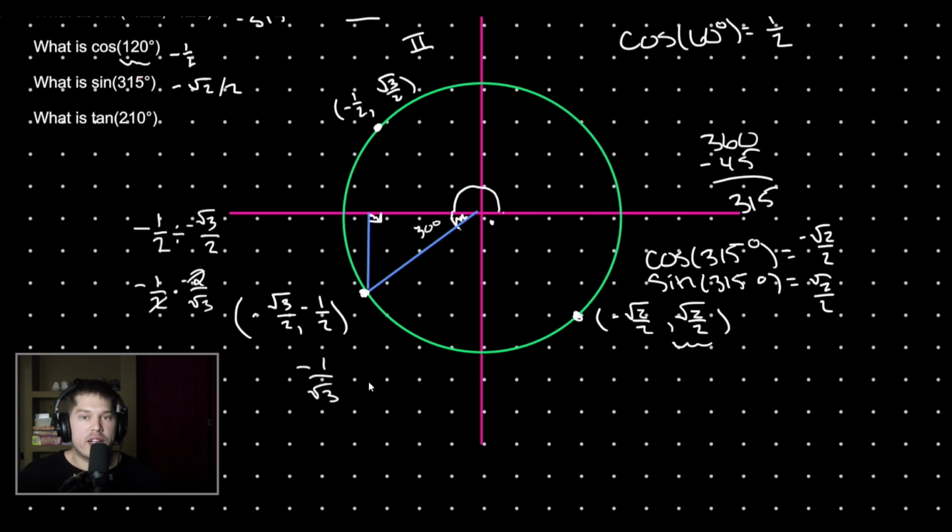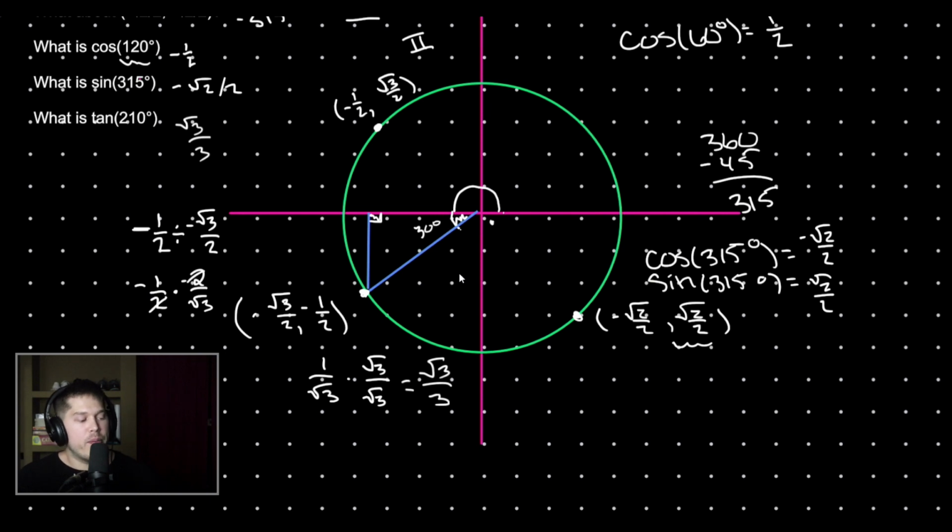And we need to rationalize this fraction, so we can multiply both top and bottom by root 3, and this is positive. And we get root 3 over 3 for tangent of 210. So tangent of 210 is root 3 over 3.